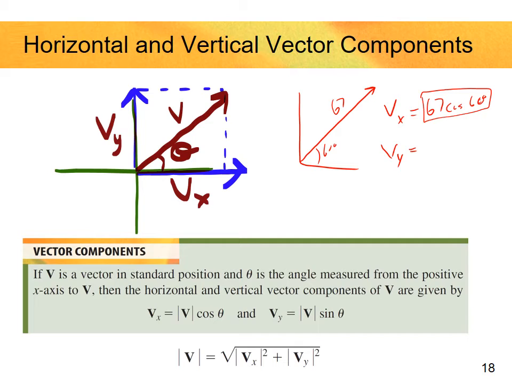The vertical vector is going to be 67 times sine of 60 degrees. And again, someone, if you have it, please tell the class what you guys got. And see if someone says the same thing as a second. Thank you. Hopefully I timed it right. All right.